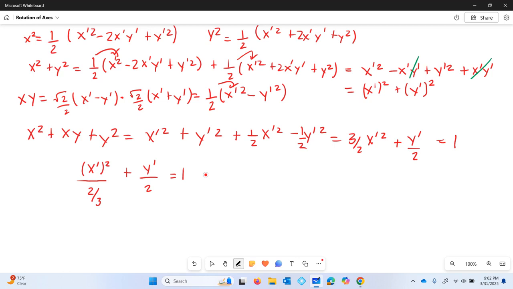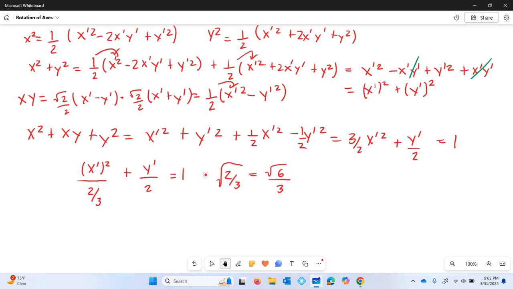Here we have 2/3, and that's the square root, which is the square root of 6 over 3.